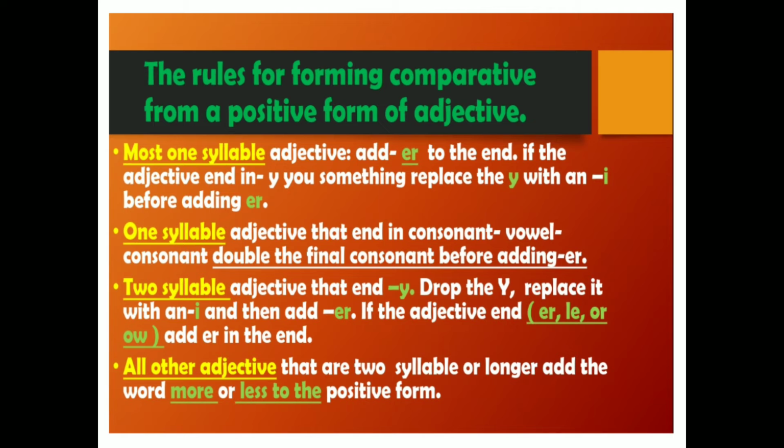And another one is ugly. Ang y ma-change siya to i, then add er. So ngari sa sa o, for example narrow. So mag-add ta og er diretso kay dili man siya y ang end.